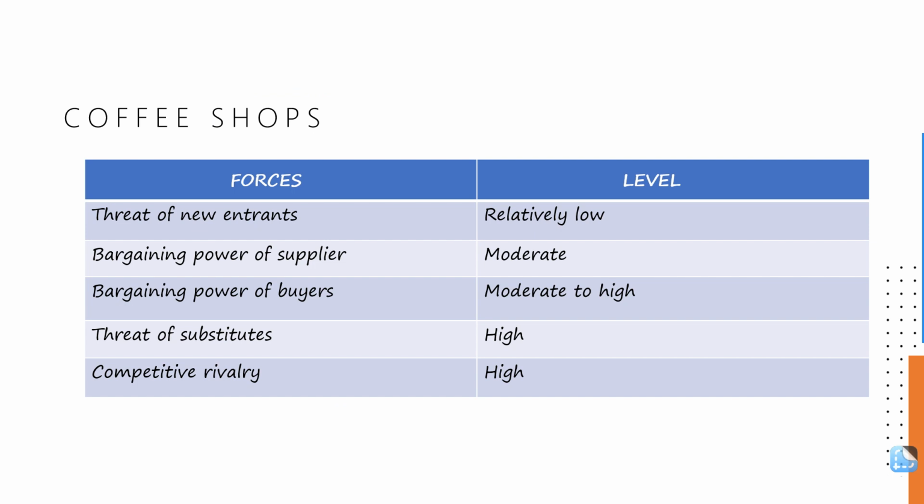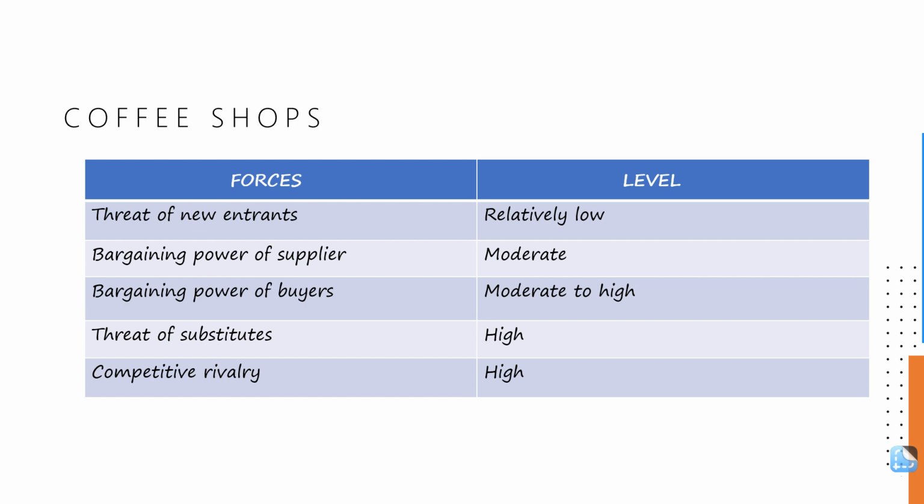Entering the coffee shop industry is not going to be very tough, because opening a coffee shop requires some investment. Starting a small cafe isn't difficult compared to other businesses, right? So there is relatively little barrier, meaning the threat of new entrants is high. Anybody can start a small cafe.